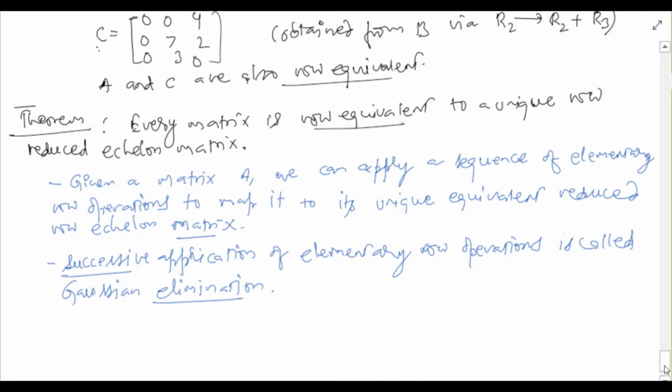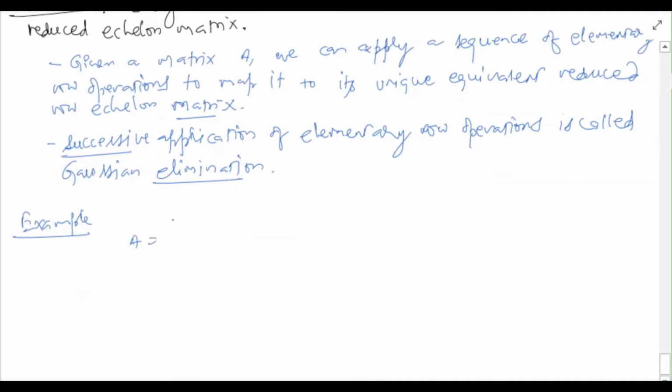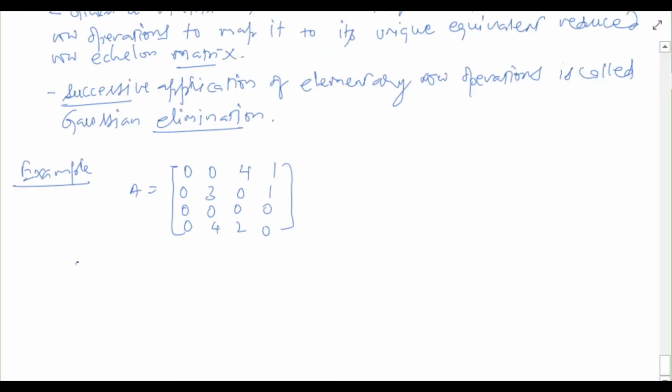We now illustrate Gaussian elimination via an example. Consider a 4 by 4 matrix A, which is as follows: 0 0 4 1, 0 3 0 1, 0 0 0 0, 0 4 2 0. Now we will do a sequence of elementary row operations to convert it to a reduced row echelon matrix.